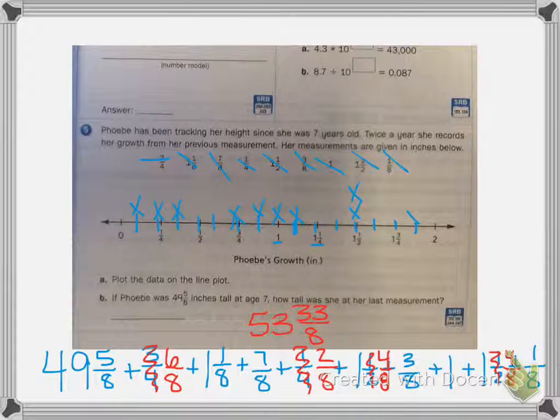So 8 goes into 32 4 times with 1 left over. And now I need to add my whole numbers. 53 plus 4 is 57 and 1/8 inches since she was 7 years old.